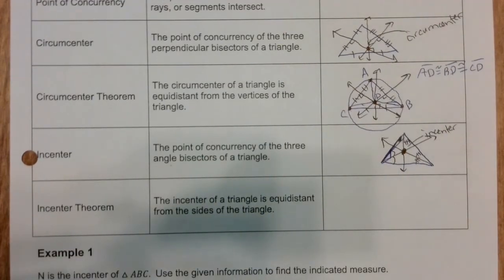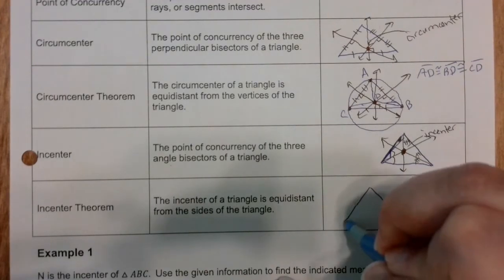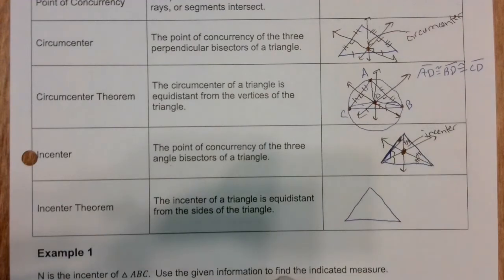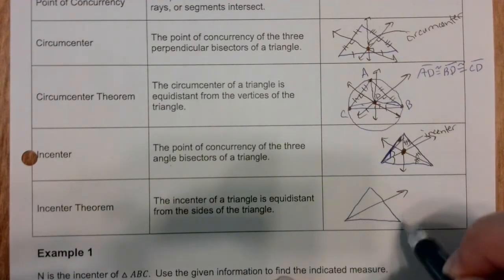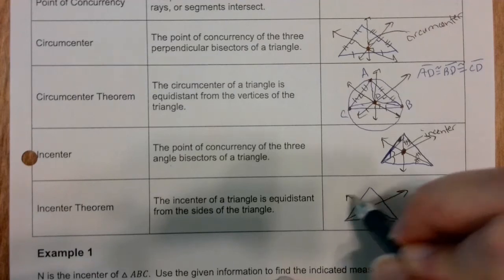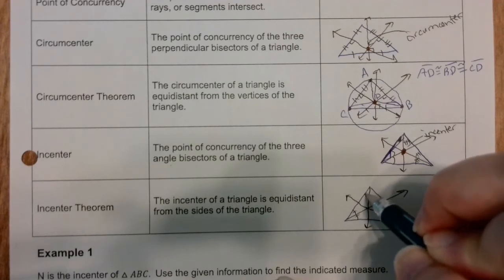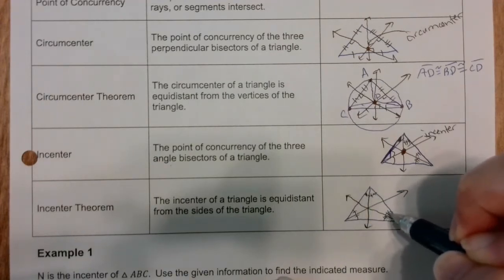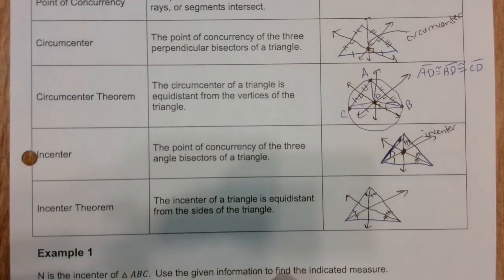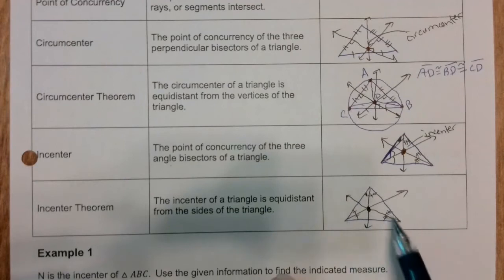Now the incenter theorem is similar to the circumcenter theorem, except when you draw your angle bisectors, or they're given like maybe constructed on the computer, or it's just given to you as a picture, the incenter is not equidistant to the corners, to the vertices.